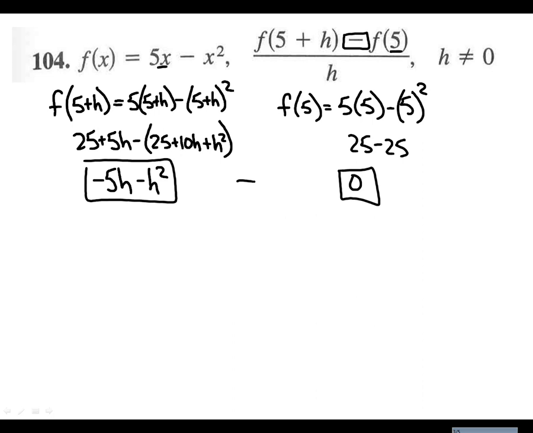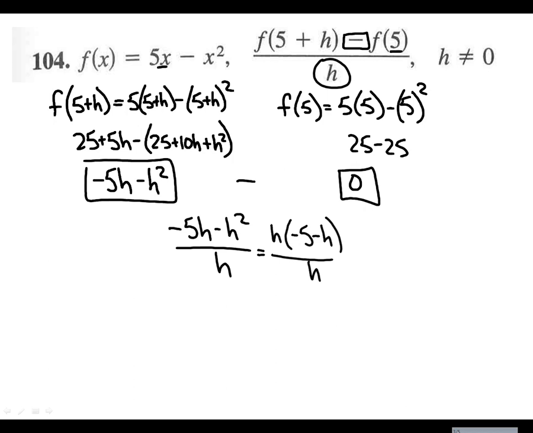So if we put them together, minusing 0 does not change anything. Negative 5h minus h squared, divide by h, and we're going to be able to pull an h out here and have negative 5 minus h all over h. We'll cancel and have a final answer of negative 5 minus h.